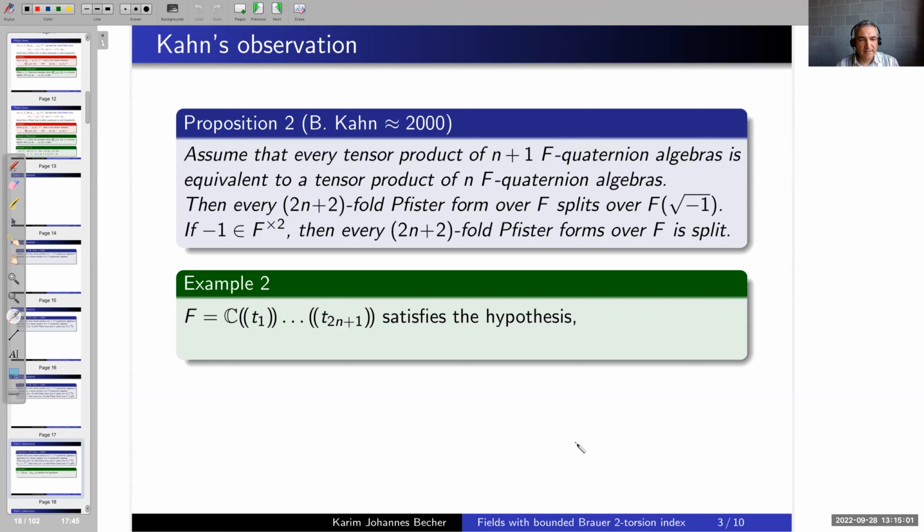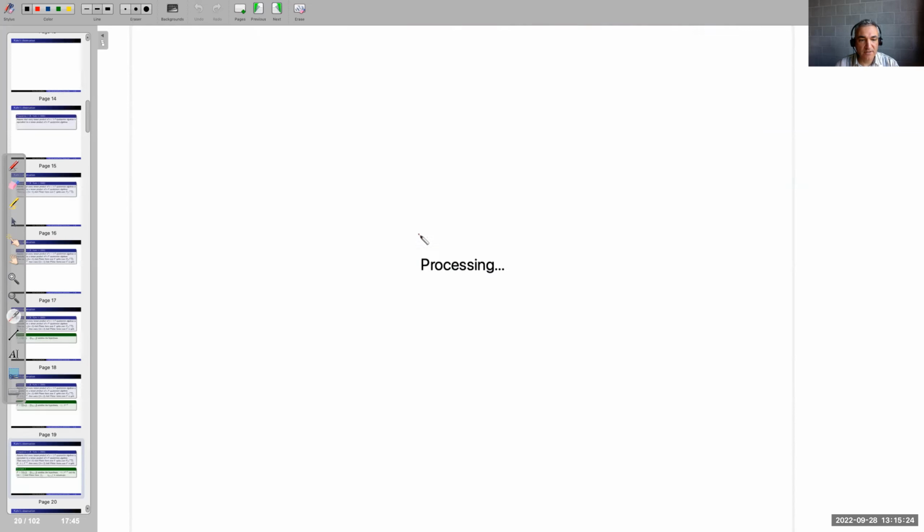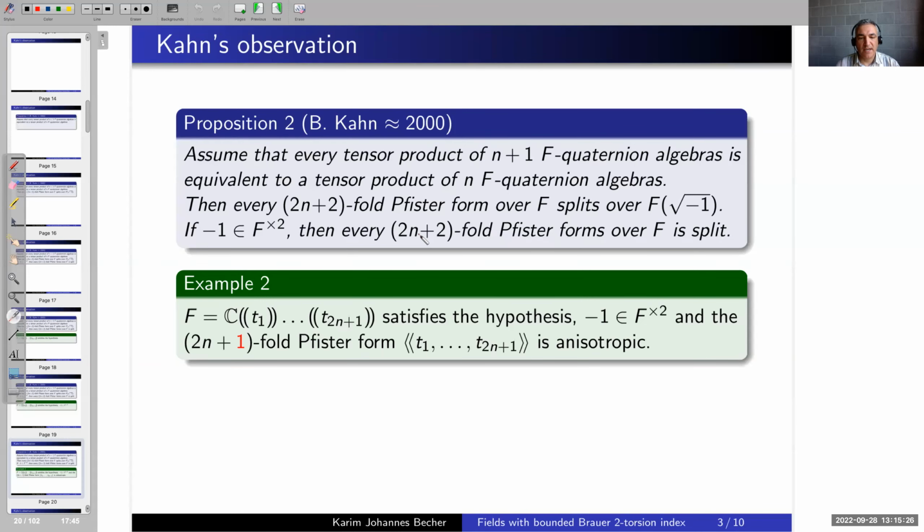Suppose that we ask whether this 2n+2 is really good. It is good because if you take the field of iterated formal power series in 2n+1 variables, so just enough variables that you can build up the following 2n+1-fold Pfister form here, this will be anisotropic. That you will not be surprised about.